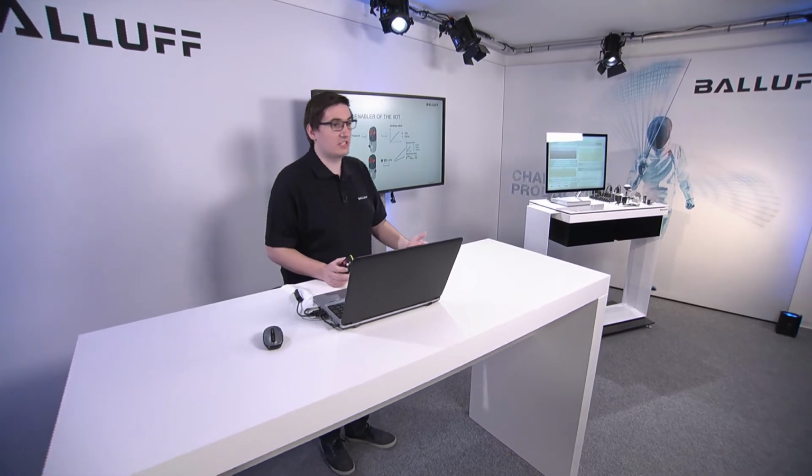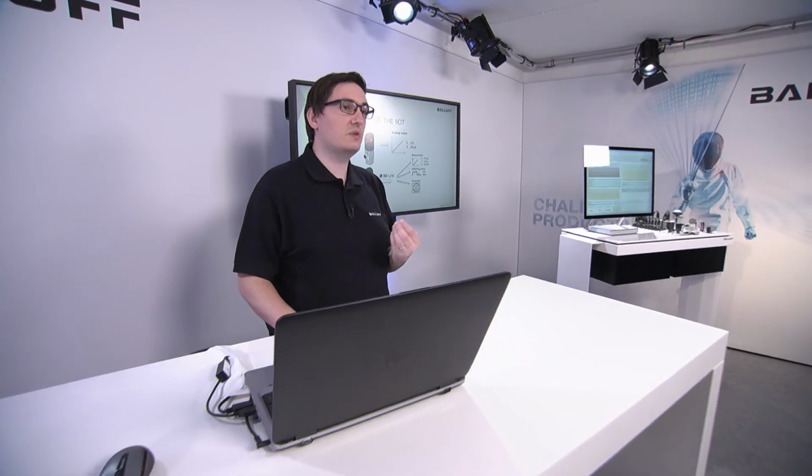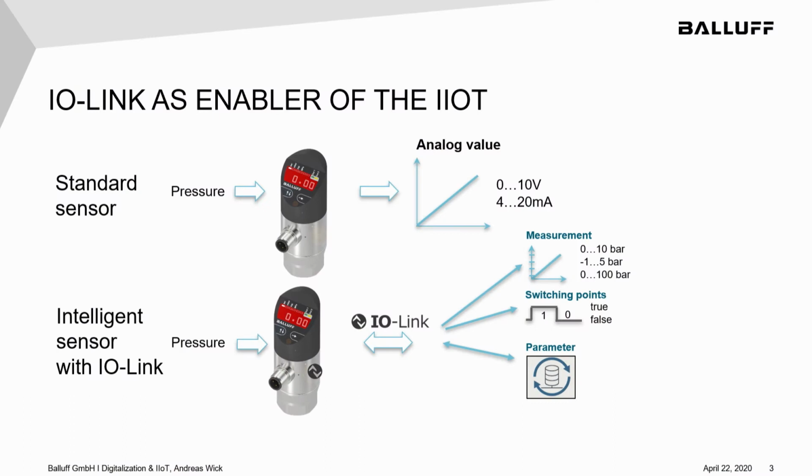The same goes for parameter data, so additional data you get from the sensor. Most likely you know parameter data, for example, from setting up switching points, so that you don't have to run to your sensor with a small screwdriver and set the switching point, which is what you most likely have to do with traditional standard sensors. But here you can set parameters.